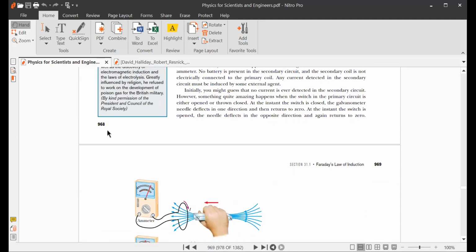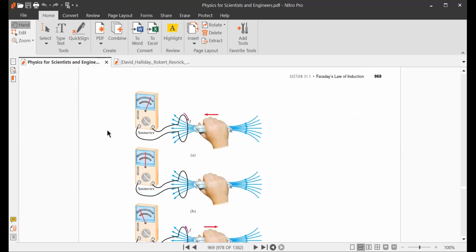So, Faraday's law of induction. We have a magnetic rod, for example.